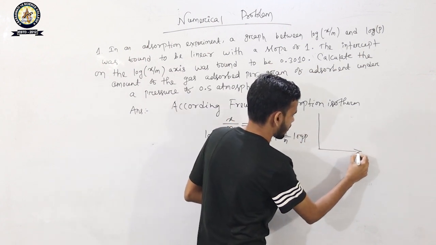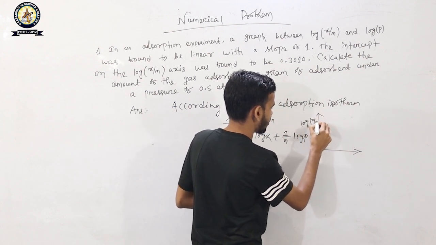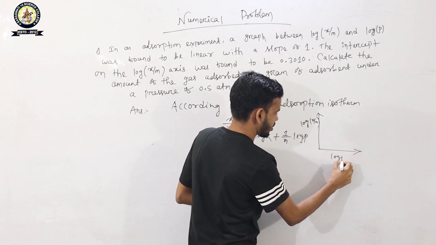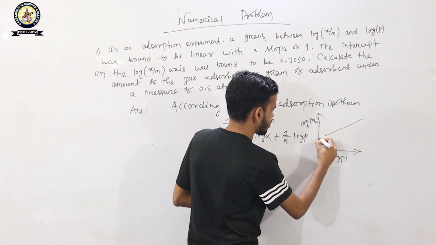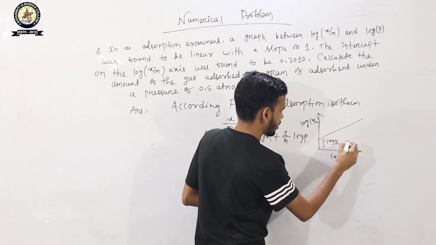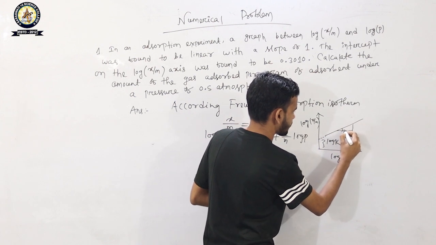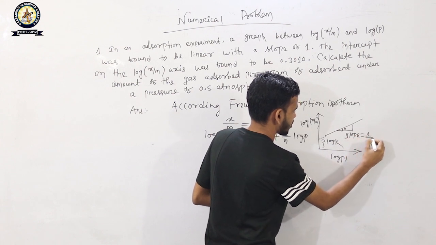As I have already mentioned, if we plot log x/m versus log p, then we will get a straight line where the intercept is log k and the value of slope is 1/n.